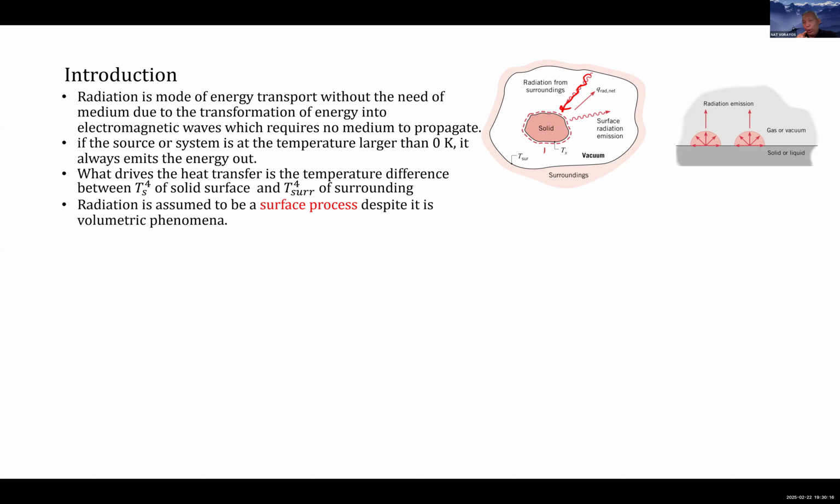Electromagnetic wave has one cool property, which is traveling without the medium. It's possible for them. Okay? Electromagnetic wave can travel without a medium, or when you have a medium, it can still travel too.